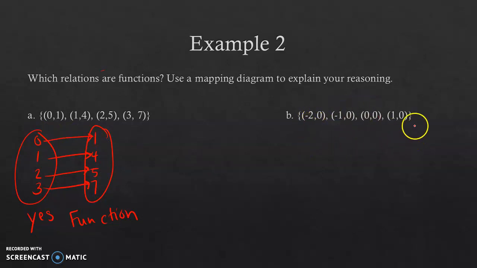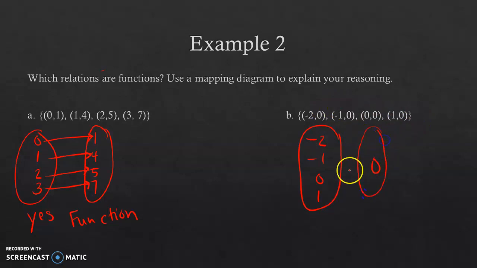So now we're going to come over to b, where we have x values -2, -1, 0, and 1. And all of them have a y value of 0. And then from here, -2 would map to 0, -1 will map to 0, 0 will map to 0, and 1 will map to 0.